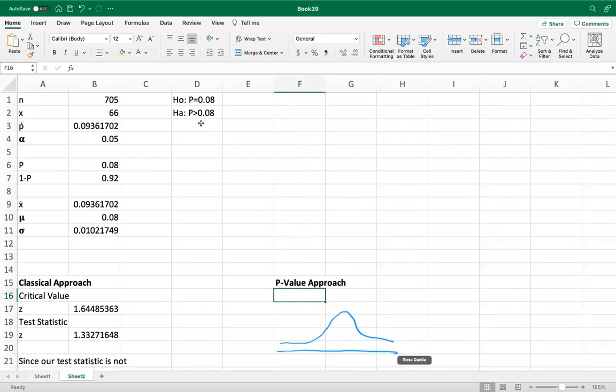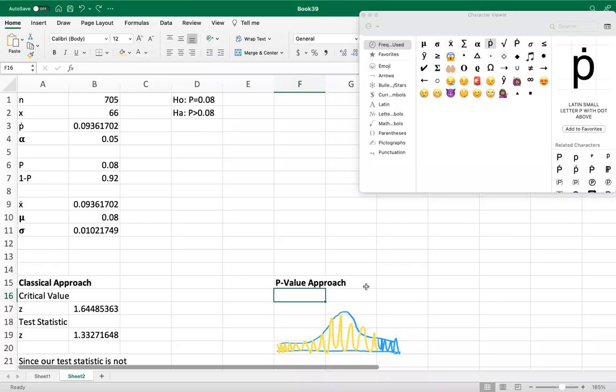So what we're looking at is the probability of our p hat being greater than our test statistic.